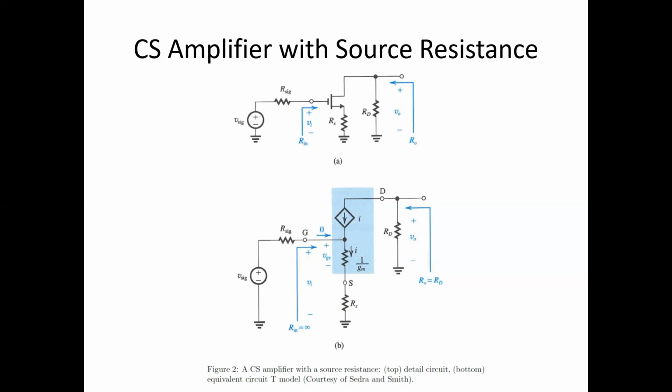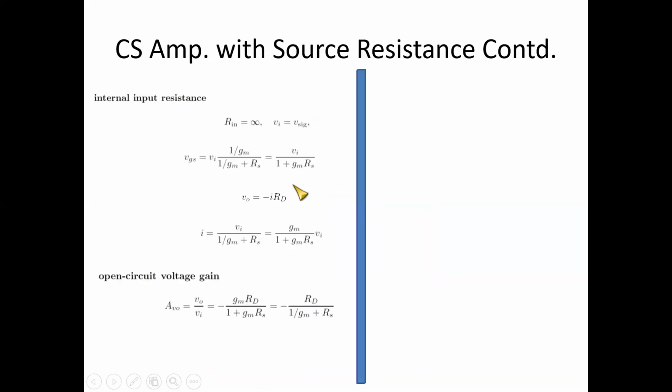And the same thing is mentioned over here: I is equal to Vi by (1 by gm plus Rs). That can be written as gm by (1 plus gm Rs) into Vi. So the value of I is equal to this. That can be substituted over here so that we get Vo equal to minus gm by (1 plus gm Rs) into Vi multiplied by RD.